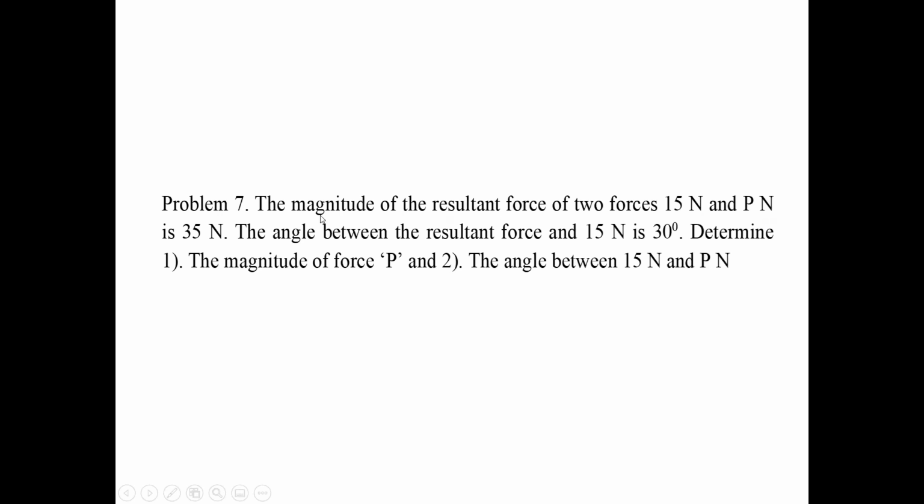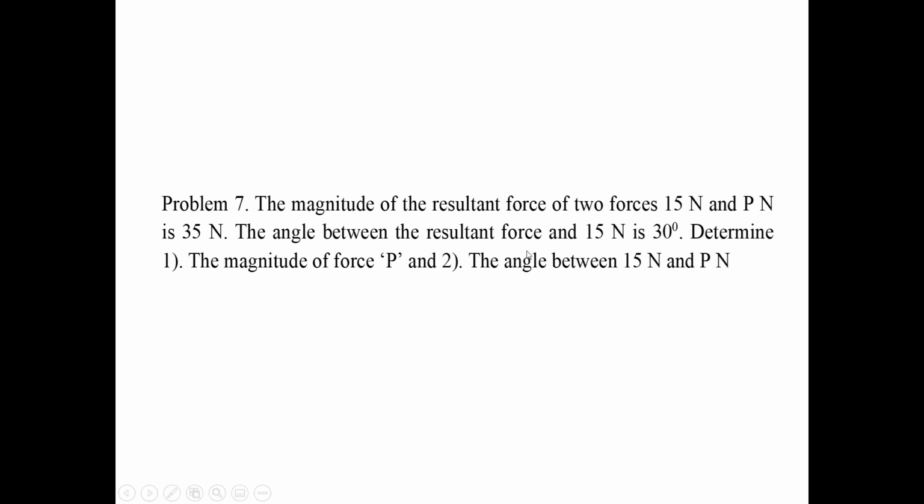They have given that the magnitude of the resultant force of the two forces, 15 Newton and P Newton, is 35 Newton. The resultant force magnitude is 35 Newton. The first force F1 is 15 Newton. The second force F2 is P Newton. That is the data.